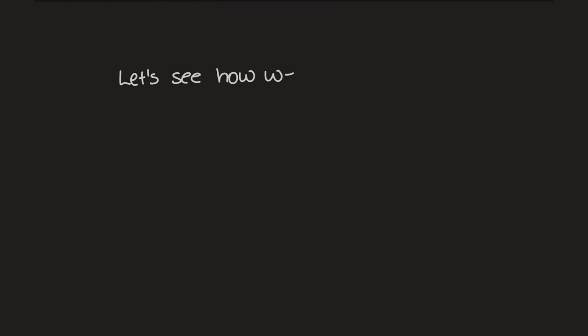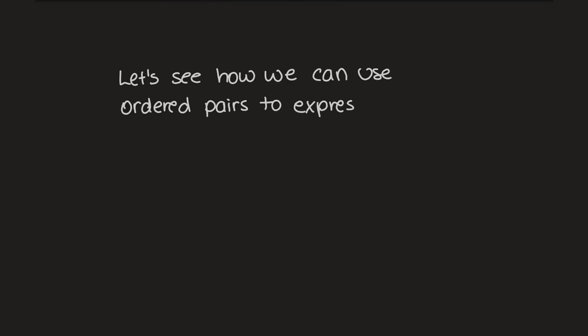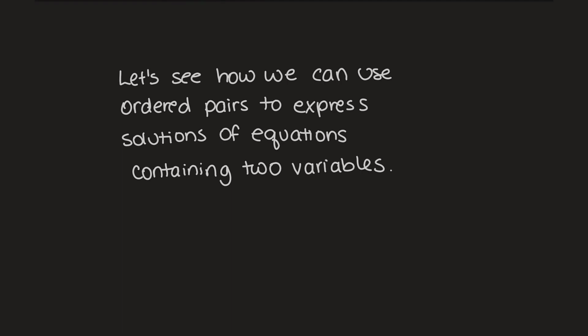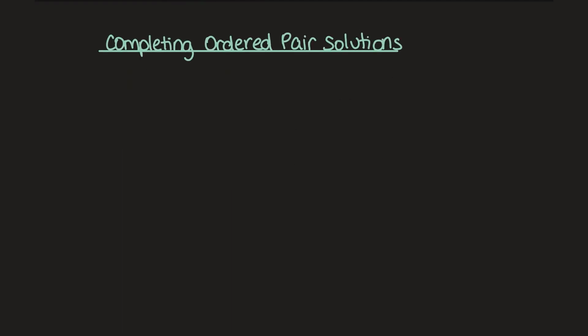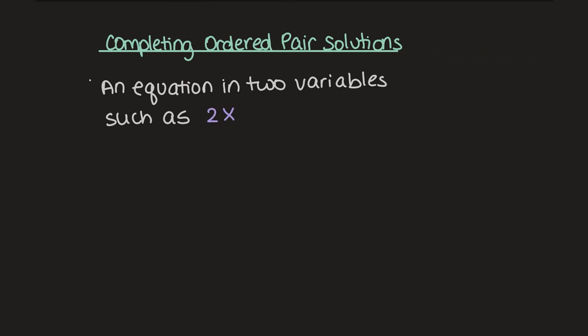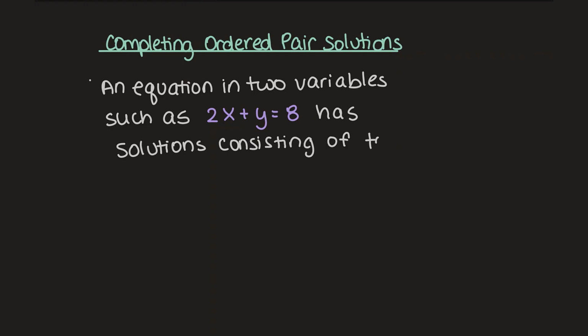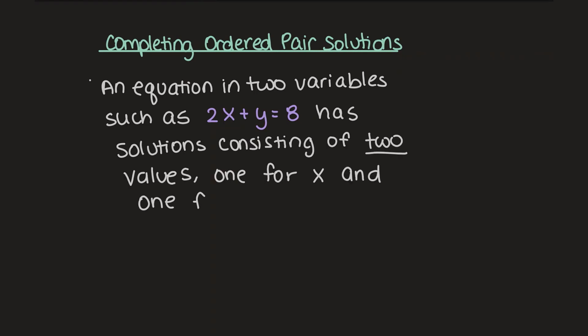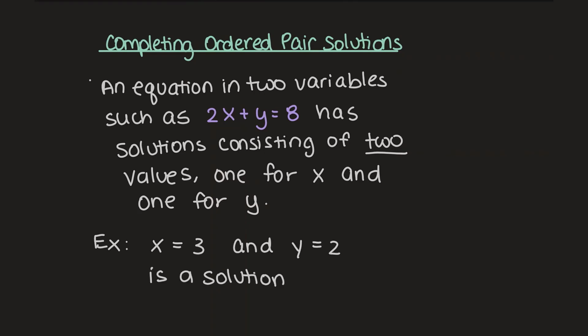Okay, so let's see how we can use ordered pairs to express solutions of equations containing two variables. So an equation in two variables, such as 2x plus y equals 8, has solutions consisting of two values, one for x and one for y. For example, x equals 3 and y equals 2 is a solution of 2x plus y equals 8.